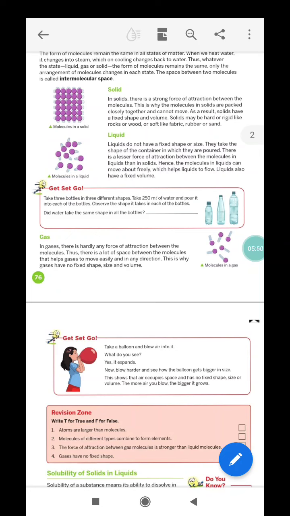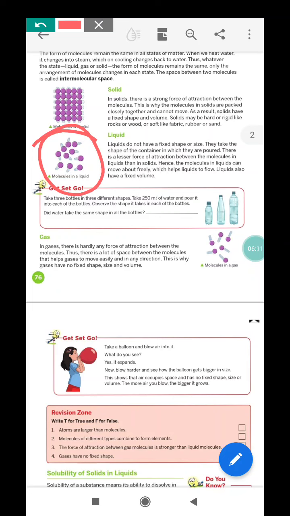Liquids also have a fixed volume. That means the molecules in the liquids are not very close, they are away from each other. That is why they don't have any fixed shape, but they have a fixed volume.